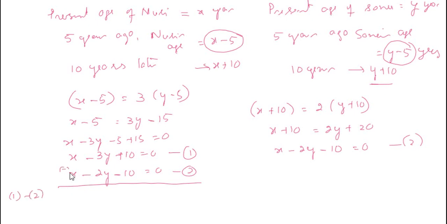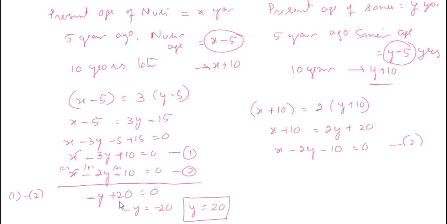So this becomes minus x. This gets cancelled. This becomes plus. So this becomes minus 3y plus 2y. So minus y. So this minus becomes plus here. So add. So this becomes plus 20 equal to 0, or minus y equal to minus 20, y equal to 20. So this is the one answer.